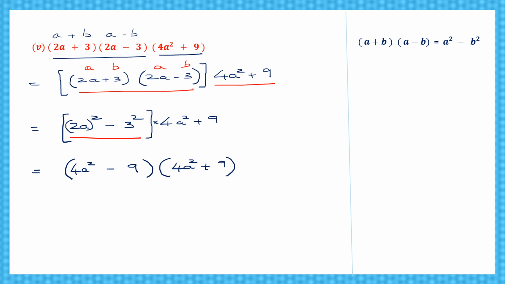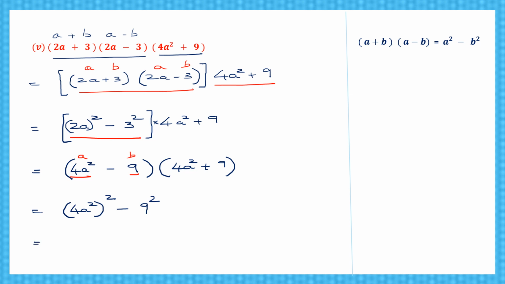So this is in the format of, once again, this same formula. (4a square minus 9) into (4a square plus 9) is a square minus b square. So in that case, this is now a and this is now b. So a means 4a square, isn't it? Now the square of this is a square minus b square. What is b? 9, and this is b square.